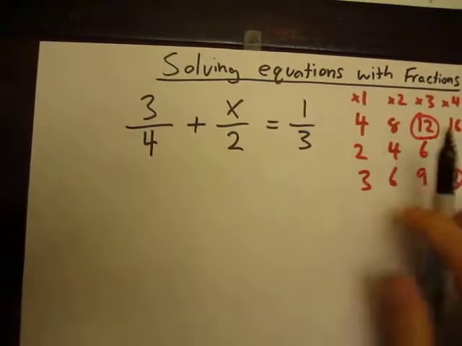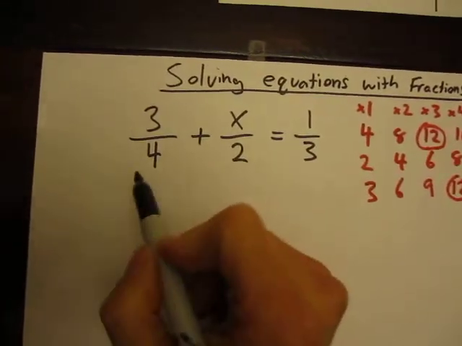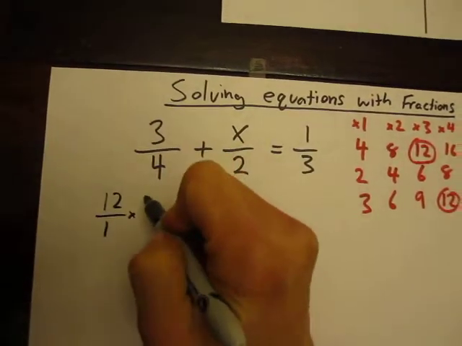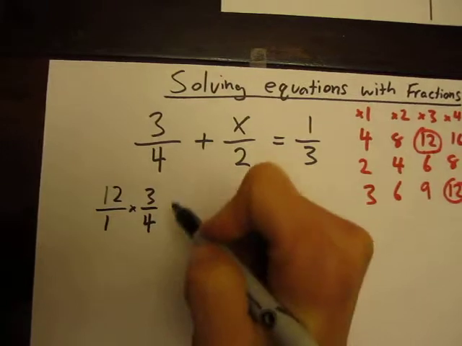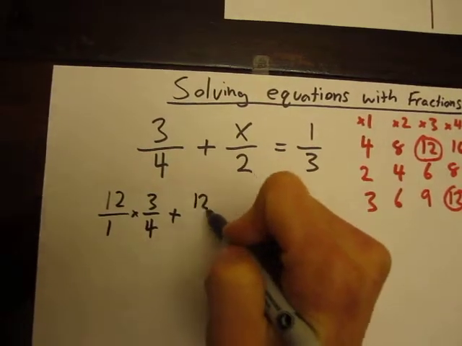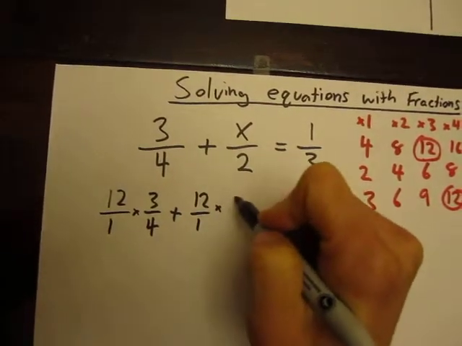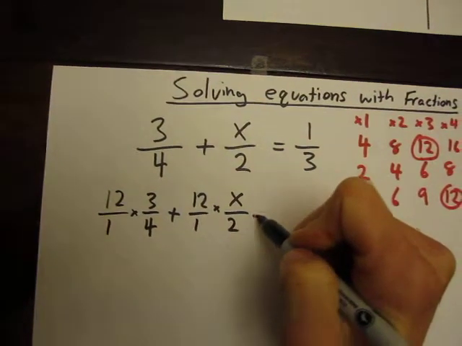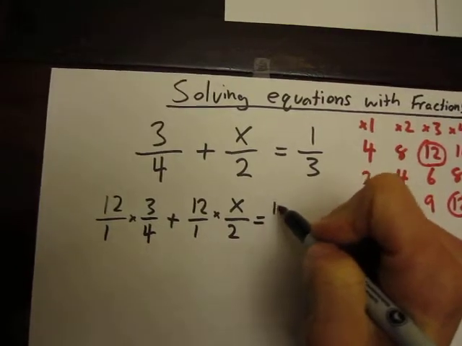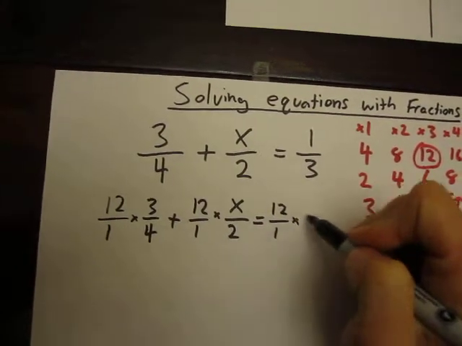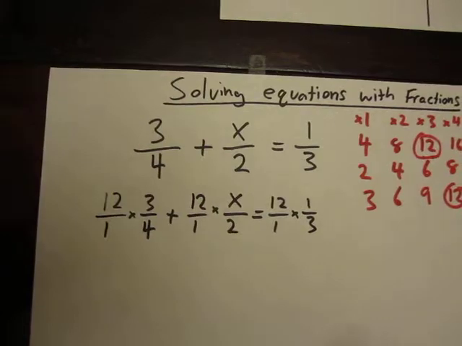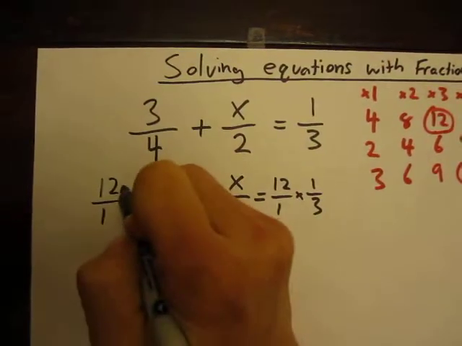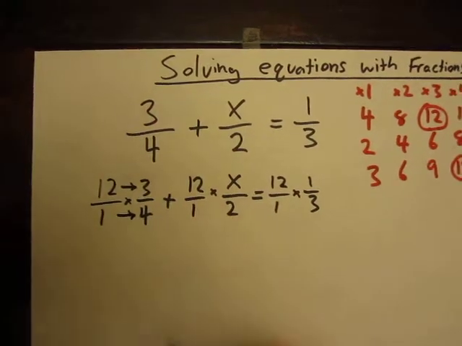We are going to multiply 12 over 1 times 3/4, and 12 over 1 times x over 2, and that equals 12 over 1 times 1 over 3. Now remember, when you multiply two fractions, you just multiply across.